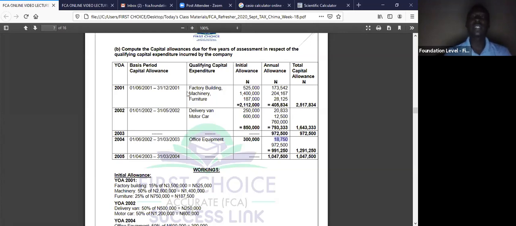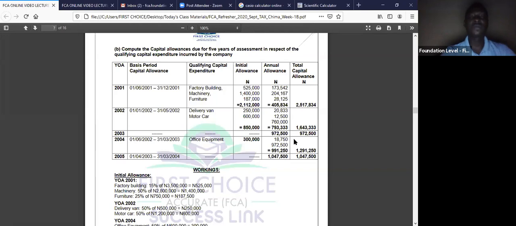Now all these other assets that were bought in 2001 and 2002, we know before from the previous example that their capital allowance is 972,500. So since we are still claiming allowance on them, we put it down here. So this figure added to this 1875 is going to give you this 991,250. And when you add it to your initial allowance of 300, you have 1,291,250 as your annual allowance.